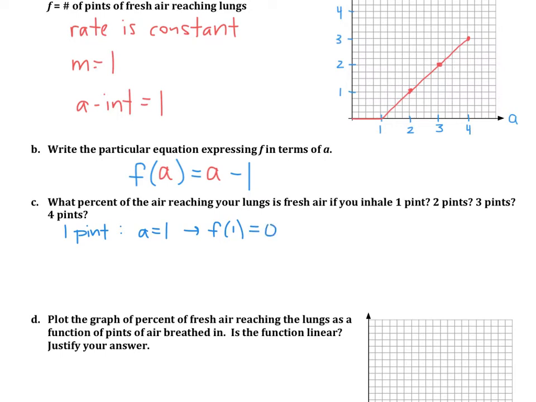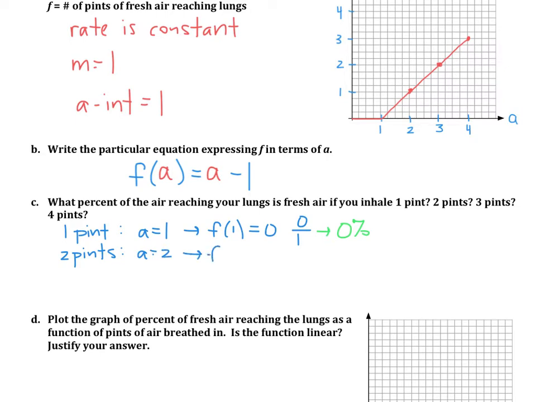So to figure out the percent, we take 0 over the number of pints that we're breathing in, which in this case is 1. So 0 over 1 goes to 0%. Okay? Let's find out for 2 pints. If we breathe in 2 pints of air, A is equal to 2.